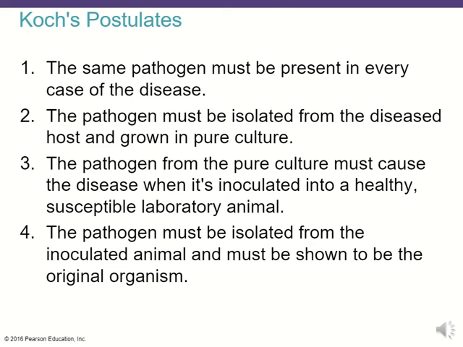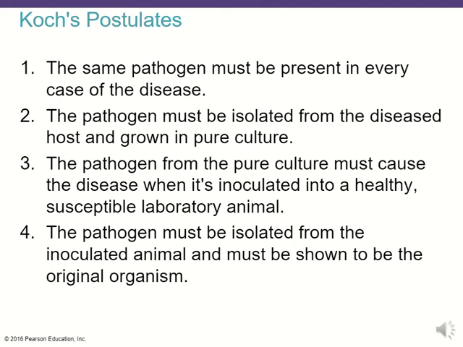There's a series of postulates called Koch's postulates, and these are from 1 to 4. The same pathogen must be present in every case of a particular disease. The pathogen must be isolated from the diseased host and grown in pure culture.